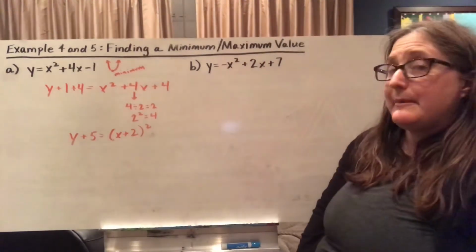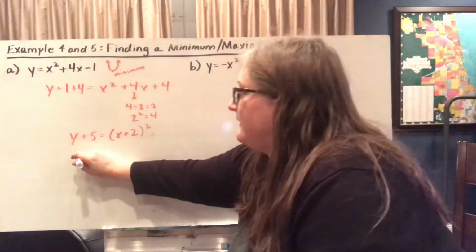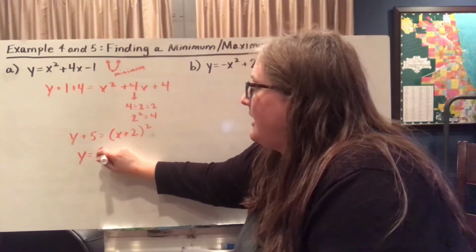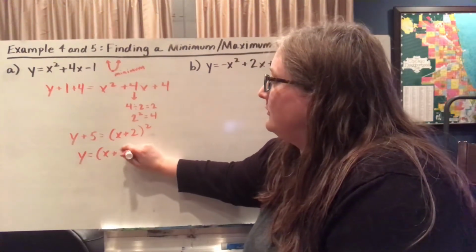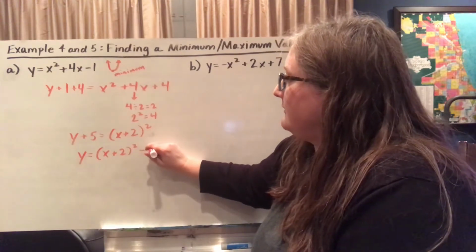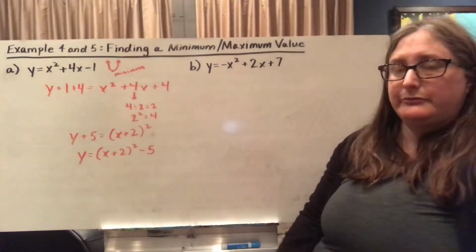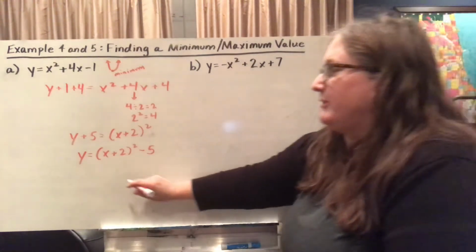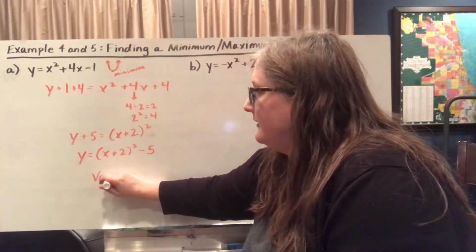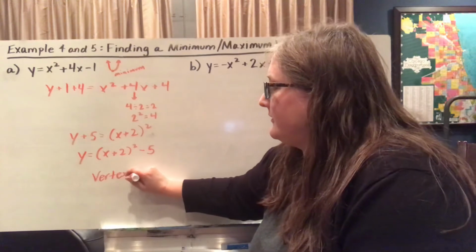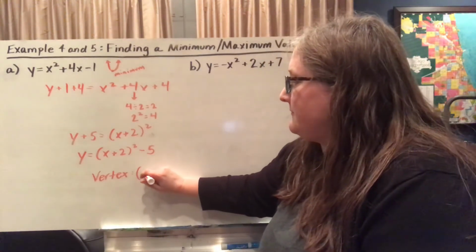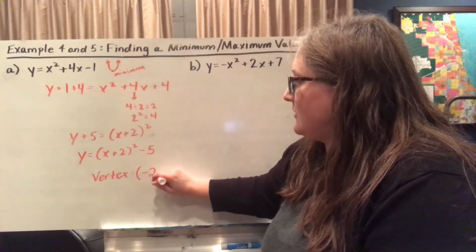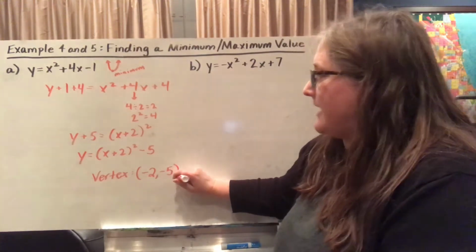I want to get y back to being by itself, so I'm going to have y equals x plus 2 squared minus 5. Well, this is perfect because this is our vertex form again. So the vertex here is going to be negative 2 comma negative 5.